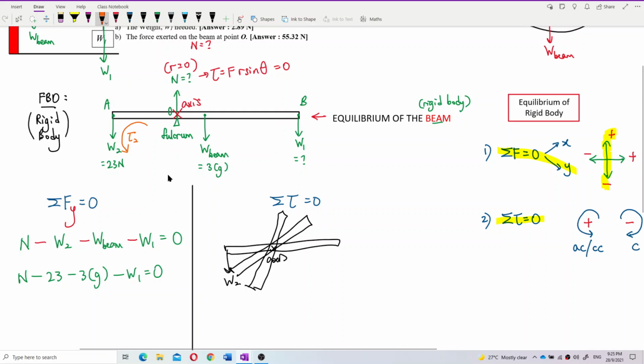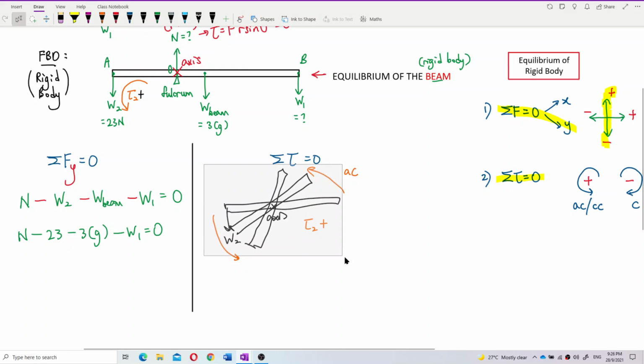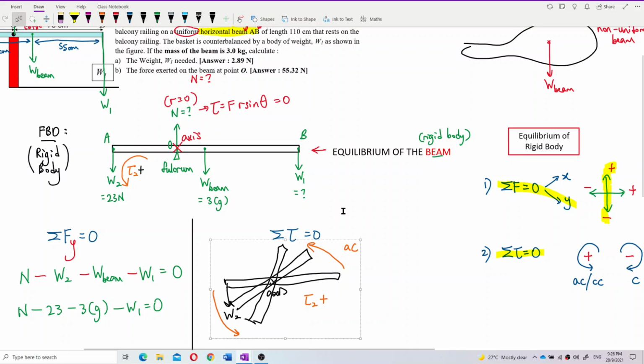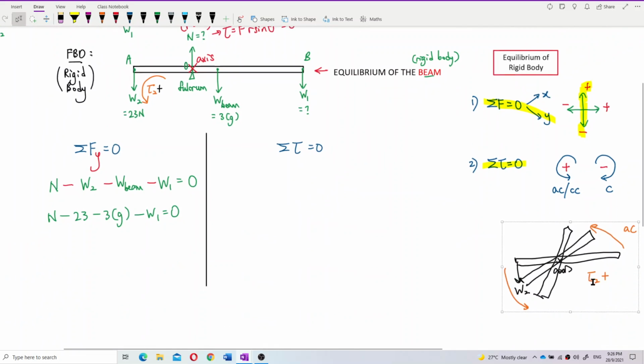This direction is anti-clockwise. So this torque 2 becomes a positive torque, because it's anti-clockwise. This is a useful diagram. Just put it somewhere else first, for reference. Maybe I put it over here.